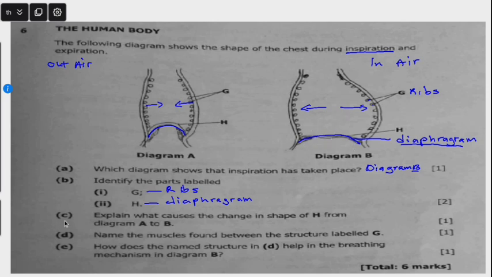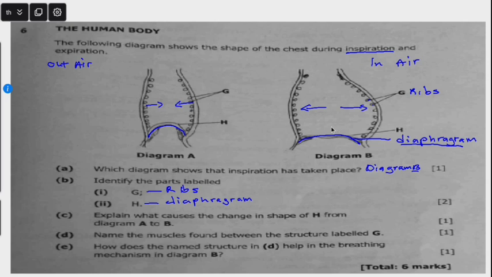Then for question C, explain what causes the change in shape of H from diagram A to B. As you can see here there is the expiration, and here there is inspiration.